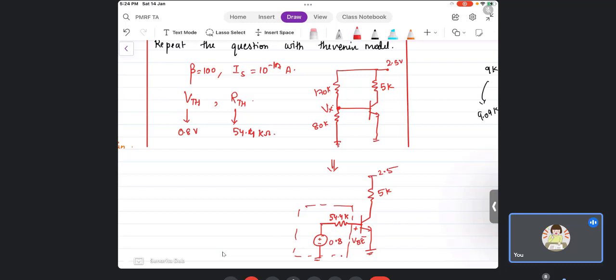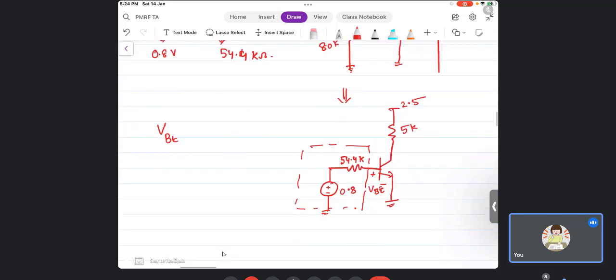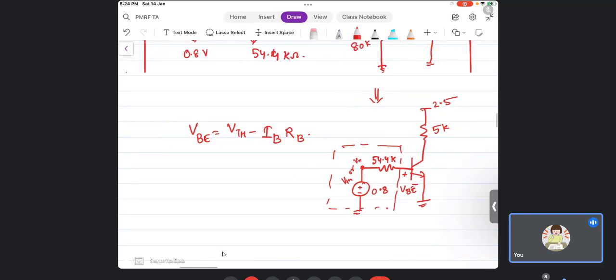But here VB is now equal to VTH minus IB times RB, and IB is not negligible. So this is VTH or Vx, whatever you want to say. Getting the point, right? So now RB you know, right? RB is nothing but 54.4K.